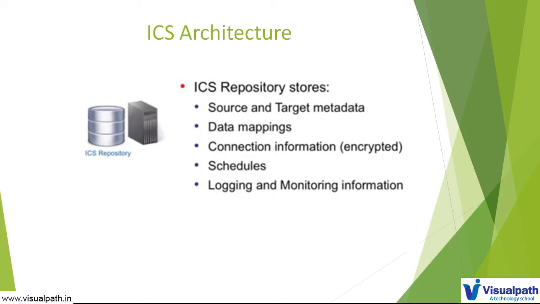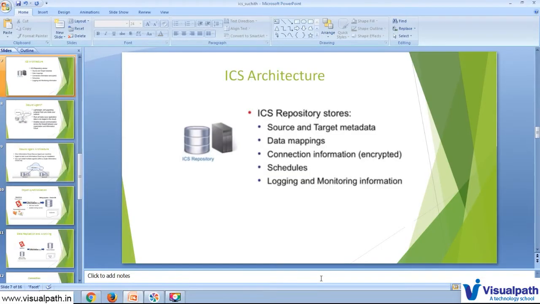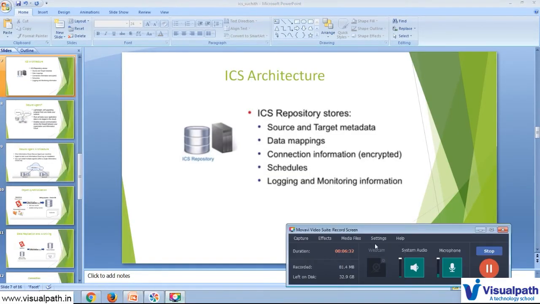In the mapping we choose a source and target, and the metadata related to that source and target is stored in the repository. Also, it stores data mapping information, like what mappings are created in the organization, and connection-related information.